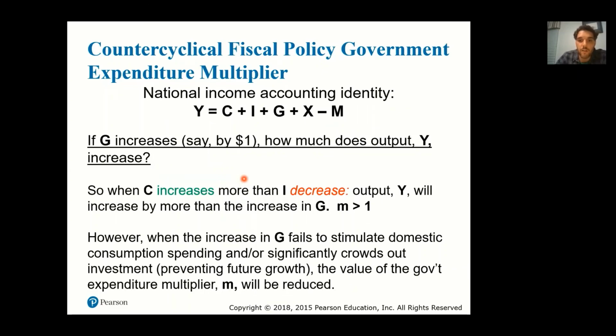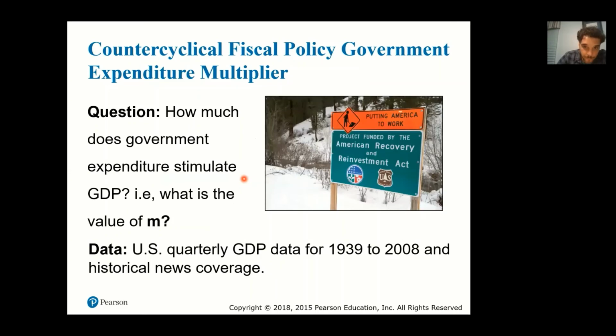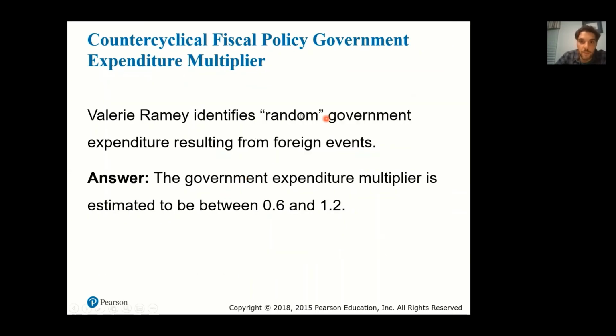Estimates of the government expenditure multiplier using exogenous events, or random events that have caused the government expenditure to increase, things like wars, pandemics that we've seen recently, although that's not included in the study, find that the expenditure multiplier is somewhere between 0.6 and 1.2, at least in the US.